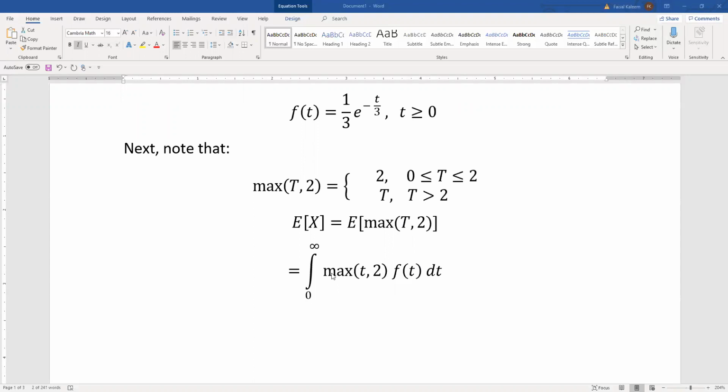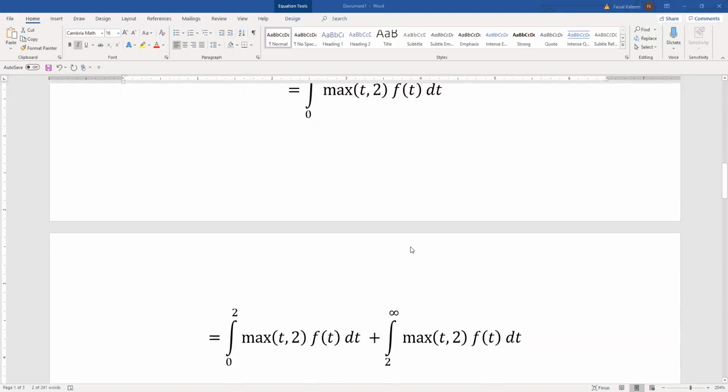But since there is no integral for the maximum function as such, we have to break it up. Since the definition of the maximum breaks up from 0 to 2 and then 2 to infinity, that's how we'll break the integral: 0 to 2 and 2 to infinity.